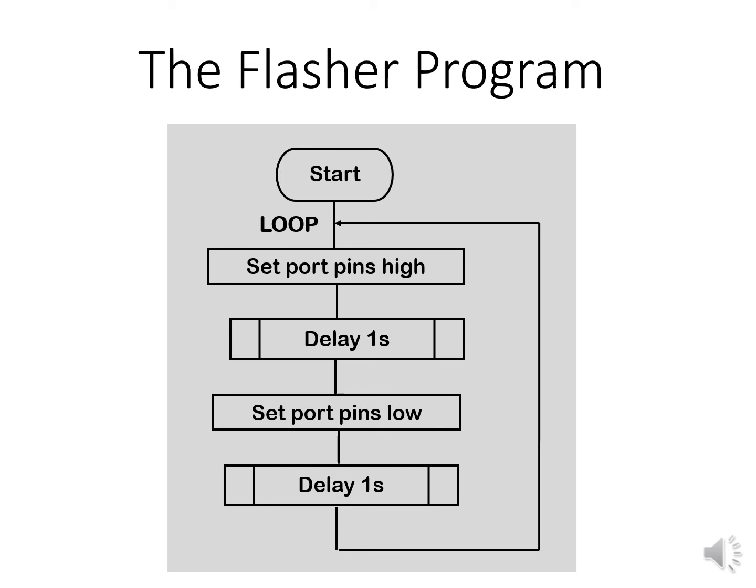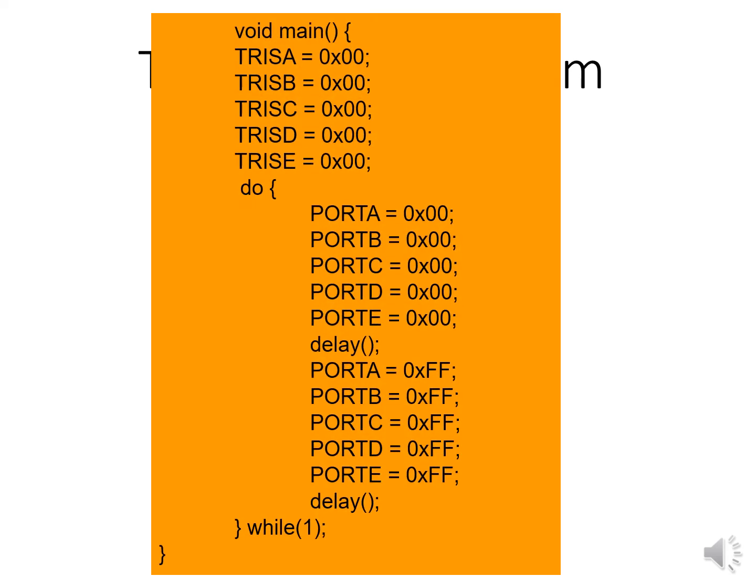After the delay, the port pins are set low, and then another delay of 1 second is executed. After this delay, the port pins are set high. So this process is repeated continuously, and the result is flashing port pins. That's the program that performs the flashing function.